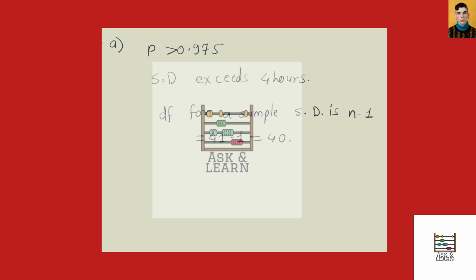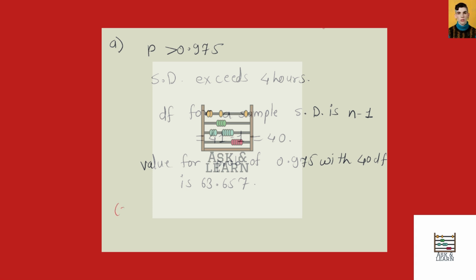So from the chi-square table we see that the value for 0.975 with 40 degrees of freedom is 63.657.